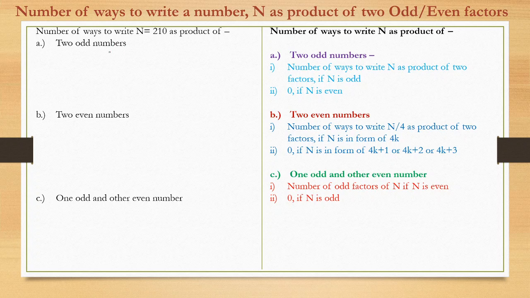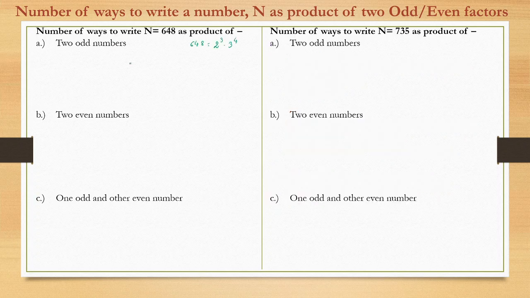So two odd numbers, can a product of two odd numbers give an even number? No. Odd number into odd number, and we want an even number. This is not possible. So 0 would be the answer. There won't be any such cases where the two odd factors will multiply to give this number.